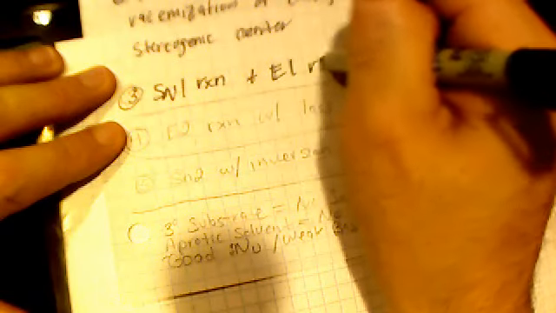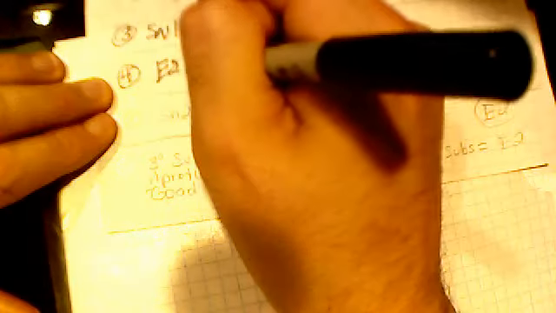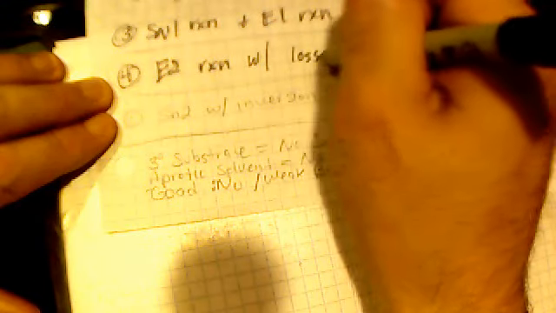Would we get SN1 reaction plus E1 reaction? Or would we get E2 reaction with loss of stereogenic center?